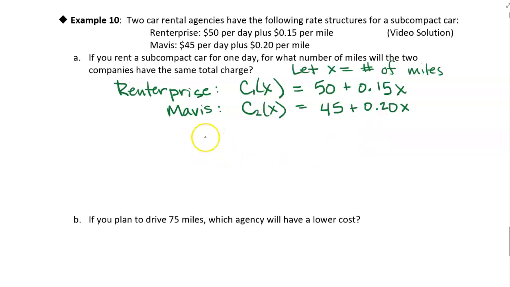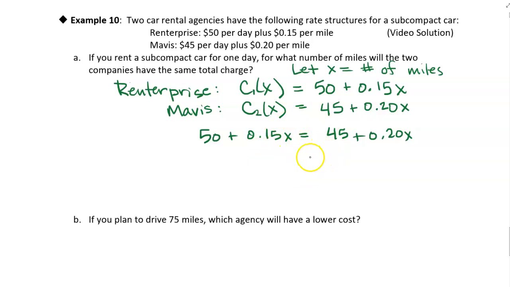So I'm just going to take 50 plus 15 cents a mile, and I want to find out when that is equal to 45 plus 0.2x. So I want to find what x value, where x is the number of miles.